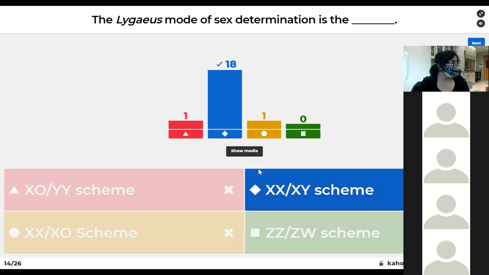Yay. So yes, the XXXY scheme is the ligase mode, okay? Yep. Good. If this comes up and everyone gets it wrong, I will be sad. Lena will be sad too.